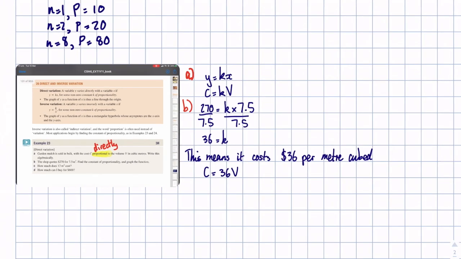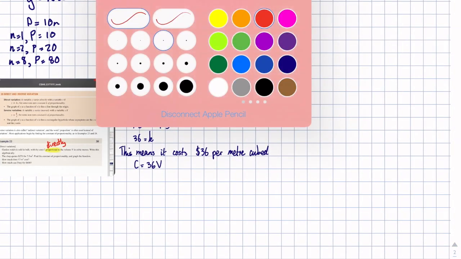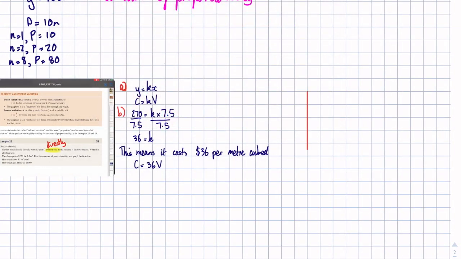So it makes sense. If we were going to sketch this, we don't do a great job of it. It's not worth the time. We do a fairly rough axis. We think, well, what's it cost for 0? This is C and this is V. What does it cost for 0 metres cubed? Well, it costs nothing, so I'm going to pass through the origin. And all of these do, by the way, you always start at 0, 0 if it's directly proportional.